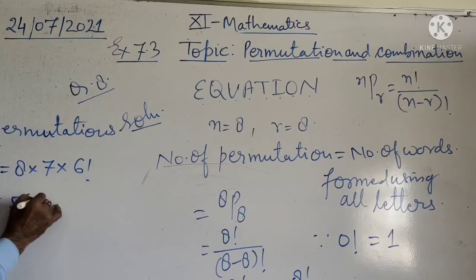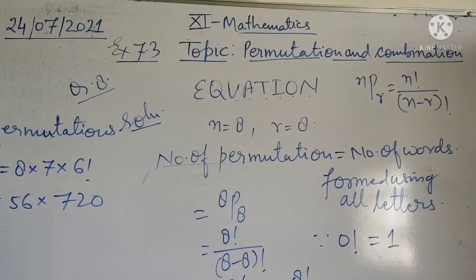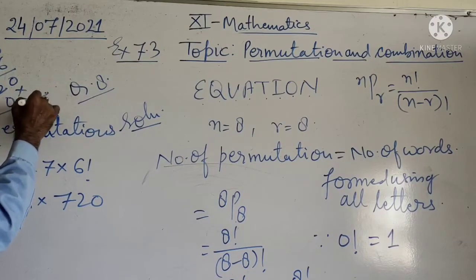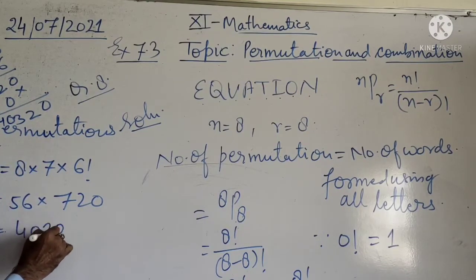It is 56. 6 factorial is 720. So we will multiply that. It is 40320.